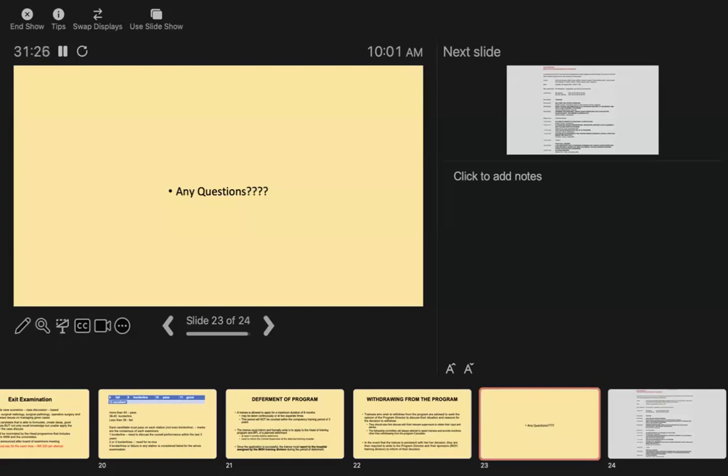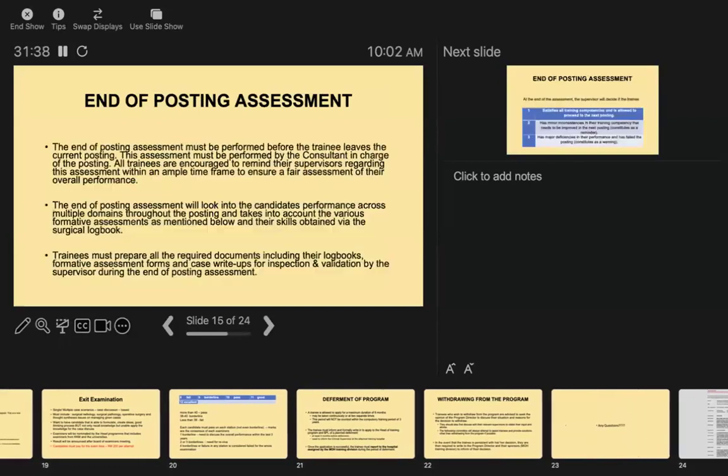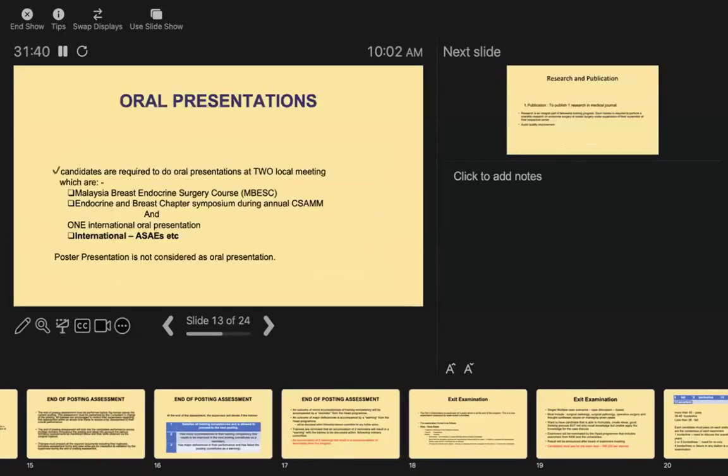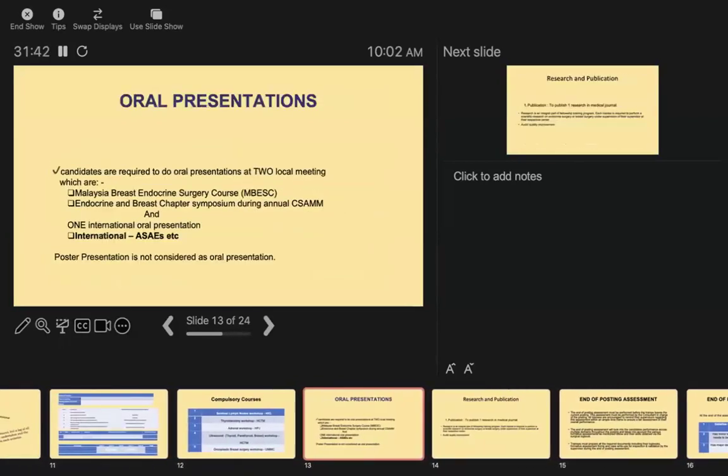So for 3 research in 3 years, is it feasible? I tak tahu. That's what I'm asking. It's within 3 years. Three oral presentations.